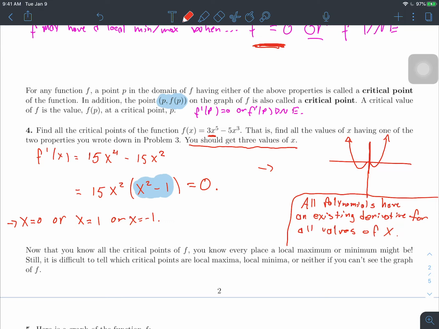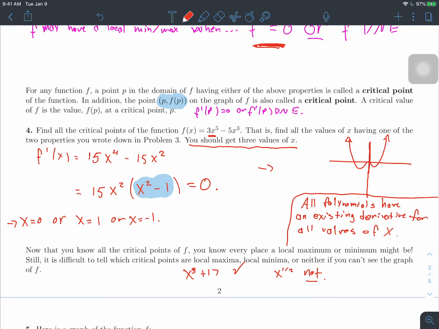Okay? So, if you remember, I spent some time and placed some emphasis on identifying polynomials. Remember, we said that a function is a polynomial if it can be expressed as a sum of non-negative integer powers of x. For example, things like x cubed plus 17 are a polynomial. Things like x to the 1/2, not a polynomial.